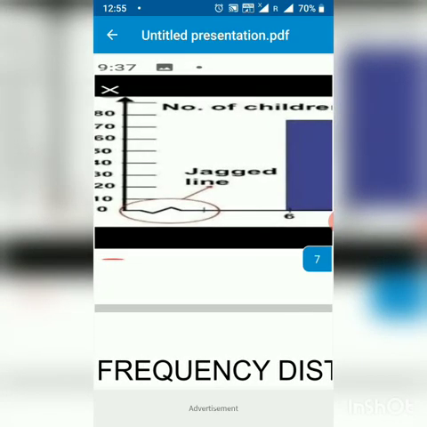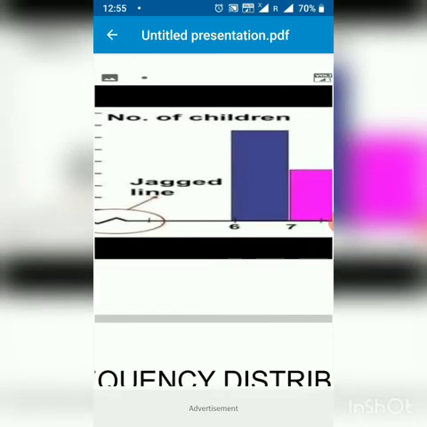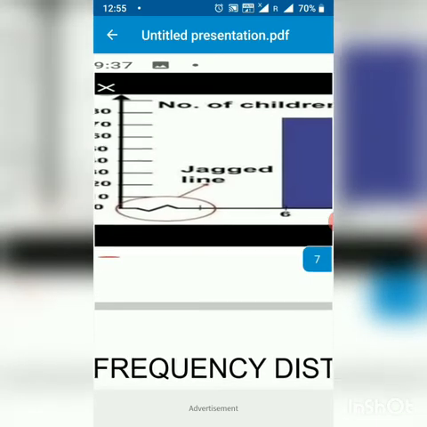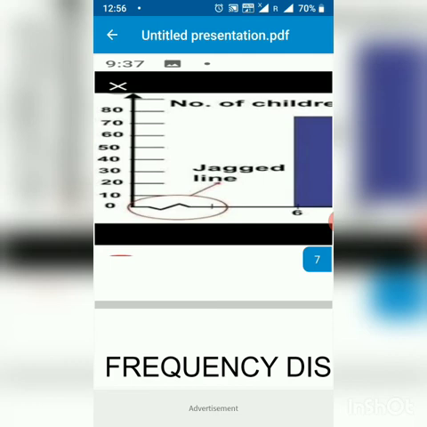That is why there is a jagged line between 0 to 6. Next we start from 6 to 7. Like that, any data you can take. If 0 to 10 is not given, there is no value, so 0 to 10 will be represented by a jagged line. Got it? This jagged line can be drawn on the x-axis or y-axis. In both cases, we can take the jagged line. Okay?